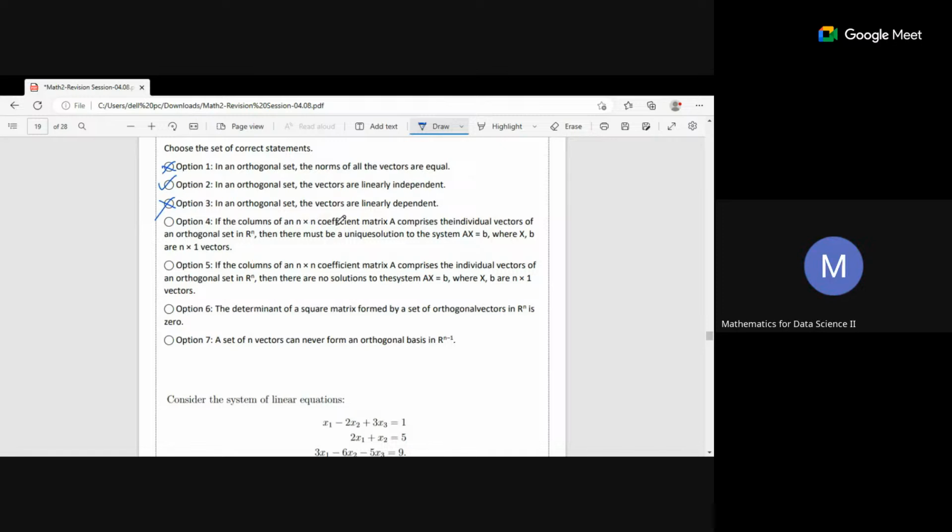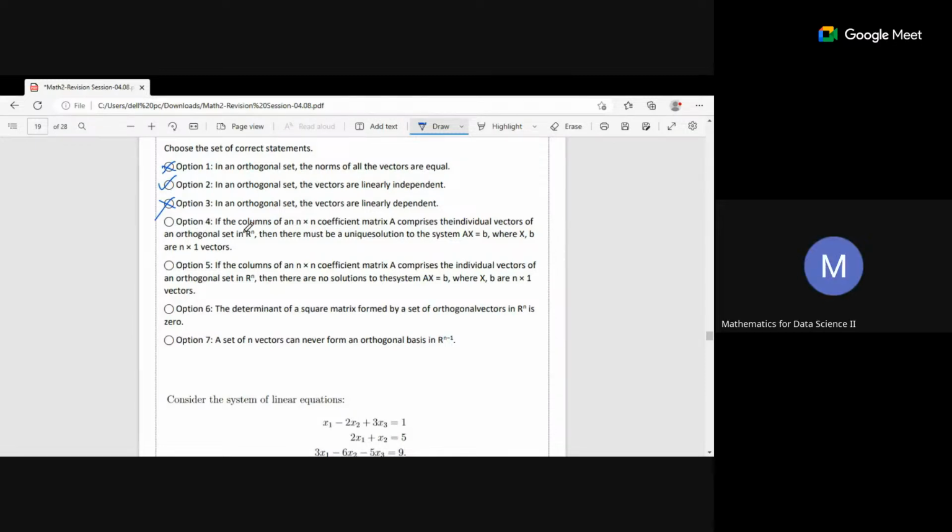If the columns of an n by n coefficient matrix A comprise the individual vectors of an orthogonal set in Rn, then there must be a unique solution of the system Ax equal to B. What do you say? Yes, ma'am. Because if they are orthogonal, they are linearly independent.